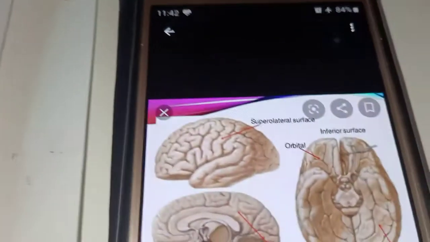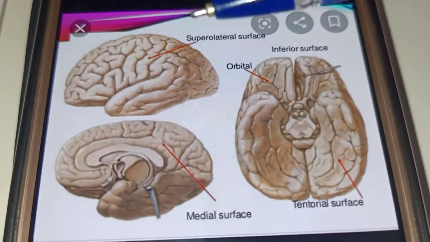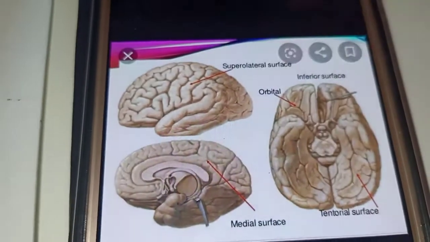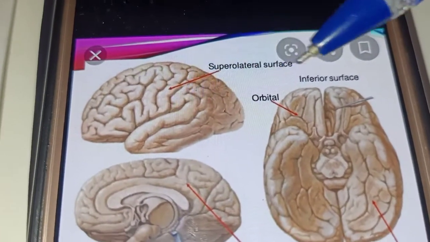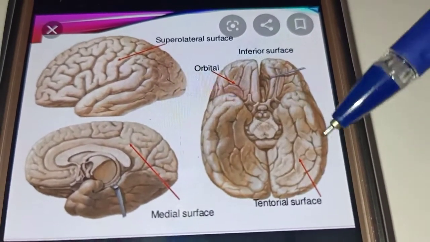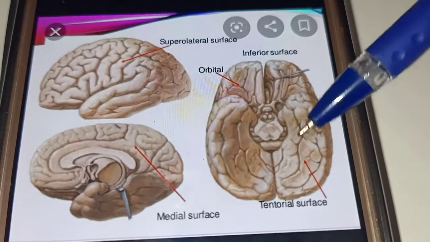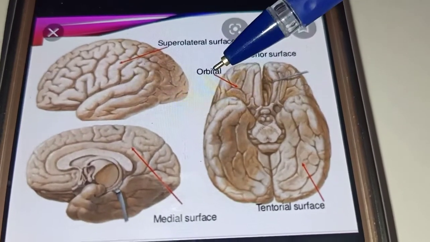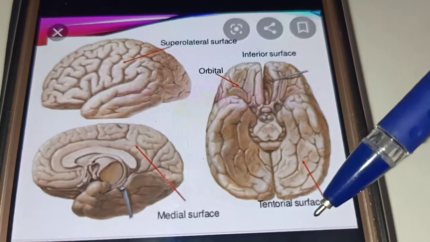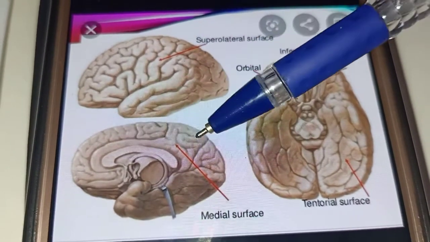One more diagram I'll show you. You can see here, this is the superolateral surface of the cerebrum. This is the inferior surface. The inferior surface has two parts. Anteriorly it has the orbital surface, and posteriorly is the tentorial surface, and this is the medial surface.